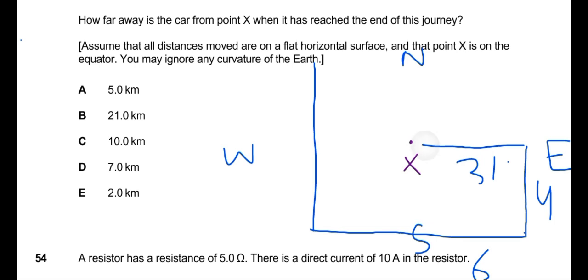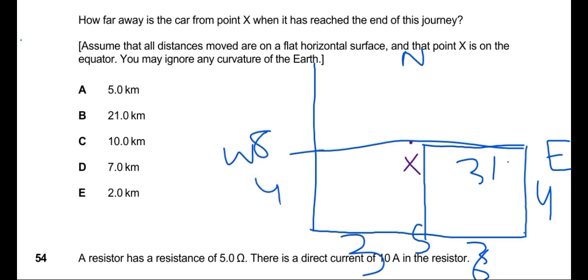If I join this line to this line, then this 6 is divided into this 3 and this 3. Similarly, this 8 is divided into this 4 and this 4.